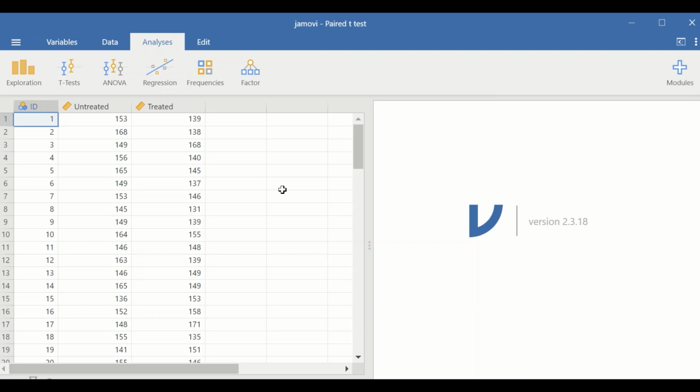So here we have pre-treatment and post-treatment, and to find out whether there is a difference between the systolic blood pressure for the treated compared to untreated, the paired t-test will be performed, as we have paired data.